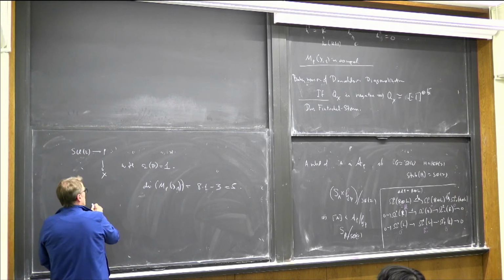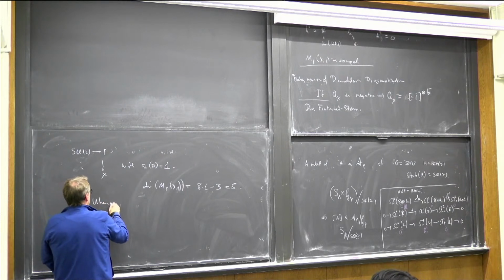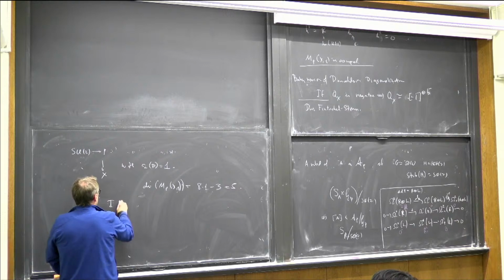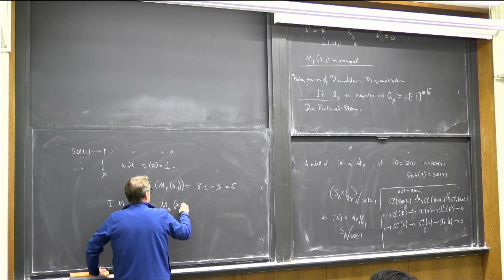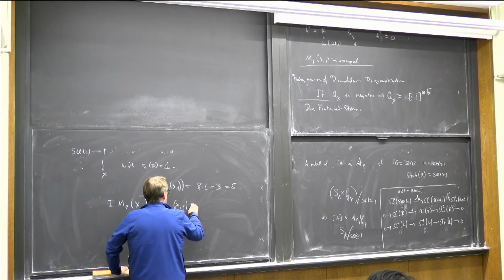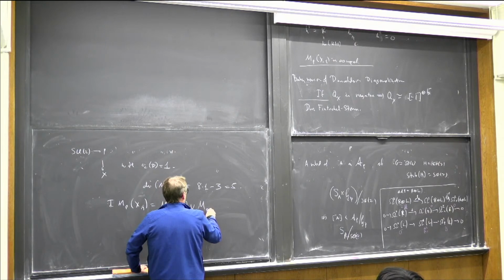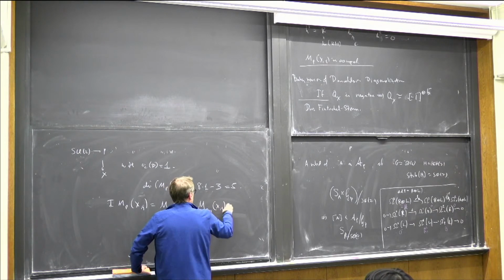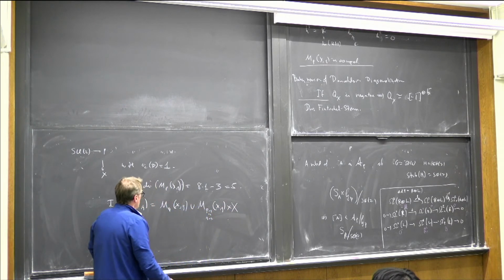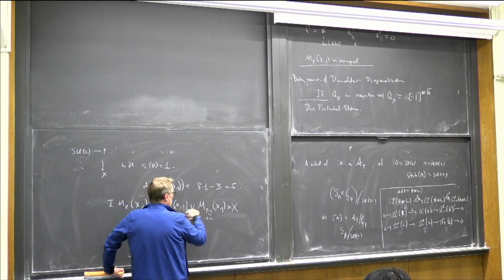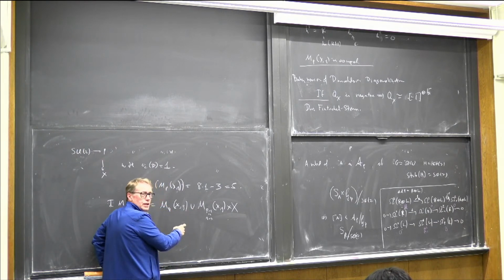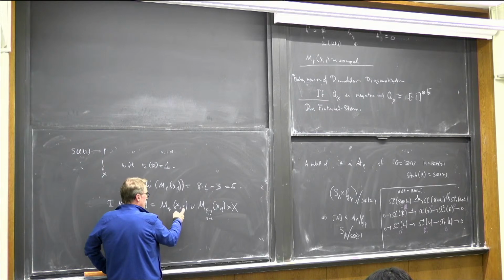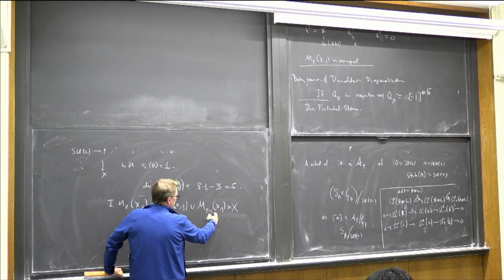So the Uhlenbeck, or the ideal instantons on this X look like this: M_P of X and G, union M_{P minus 1}, which is the trivial bundle of X and G, times X. One deep result is that in this particular case, this is the trivial connection.